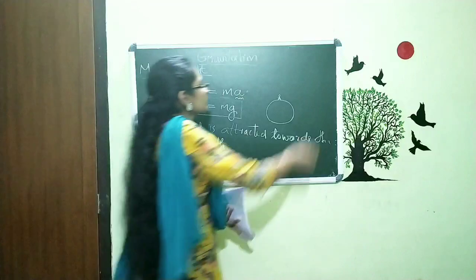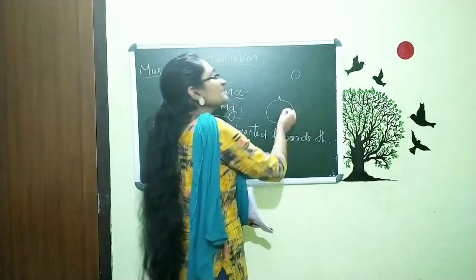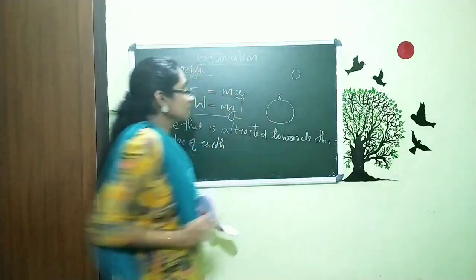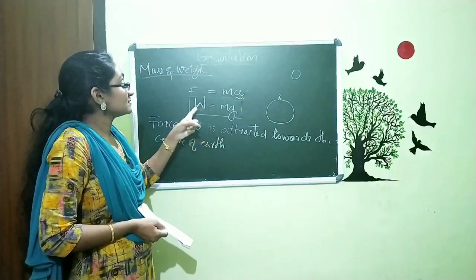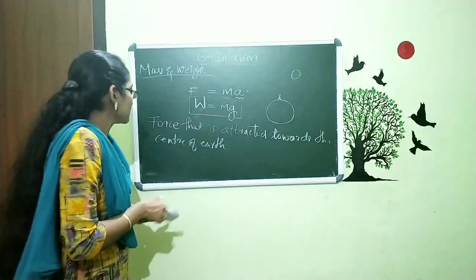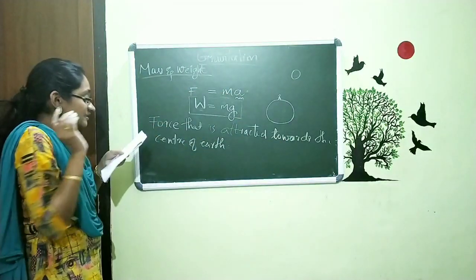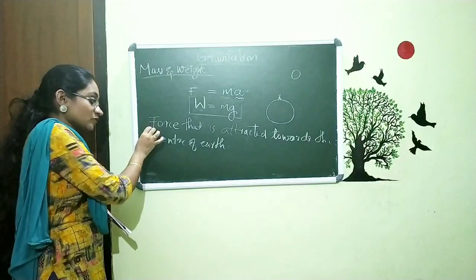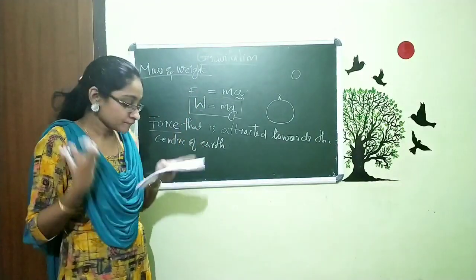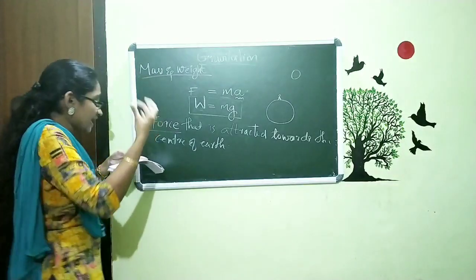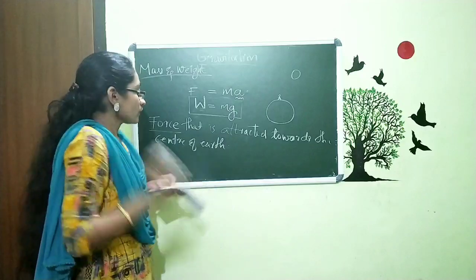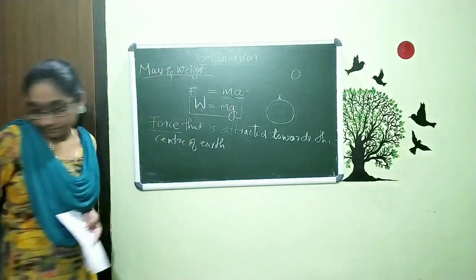The Moon is smaller than the Earth, so its radius is different and the mass is also less. That is why the weight is different on different planets. So we can say the weight is a type of force attracted towards the Earth, or the attraction of Earth on a particular object. And this is the equation.